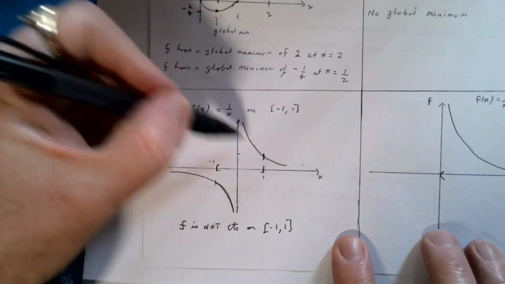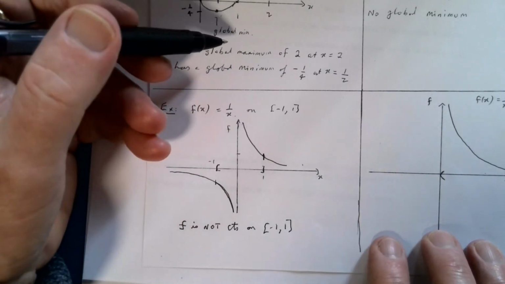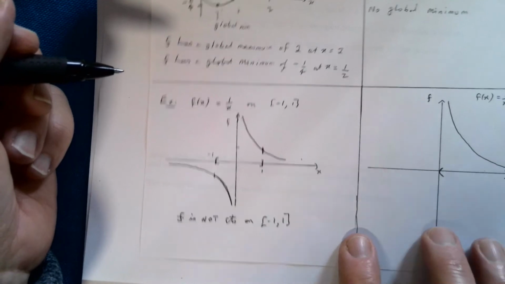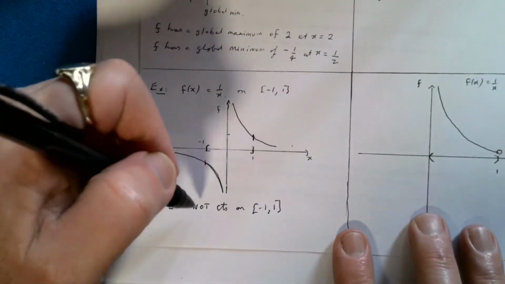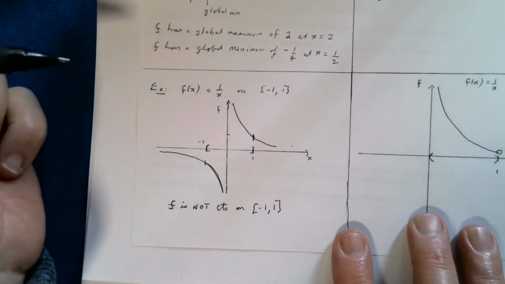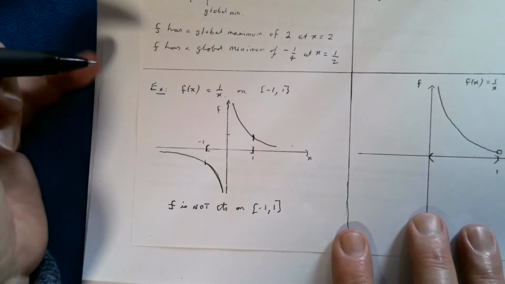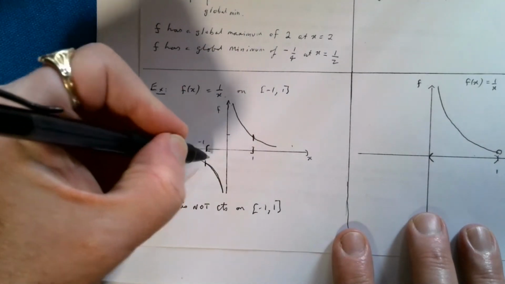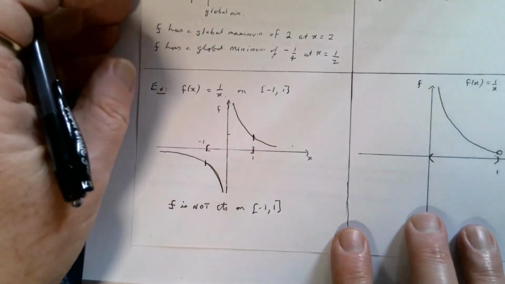And you can see it's got no maximum because it goes up to infinity. There's no maximum and there's no minimum. And the reason the theorem failed was because the function was not continuous. So you need to have continuity to actually guarantee, even on a closed interval, a maximum and minimum.